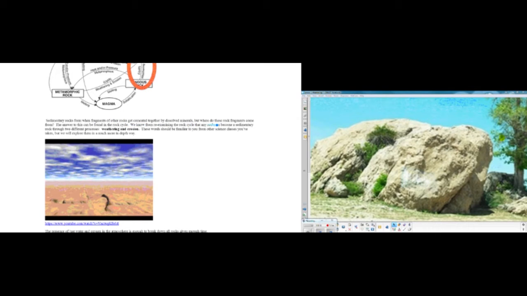But where do these rock fragments come from? The answer to this can be found in the rock cycle. We know from re-examining the rock cycle that any rock can become a sedimentary rock through two processes, weathering and erosion. These words should be familiar to you, but we will look at them in a much more in-depth way.